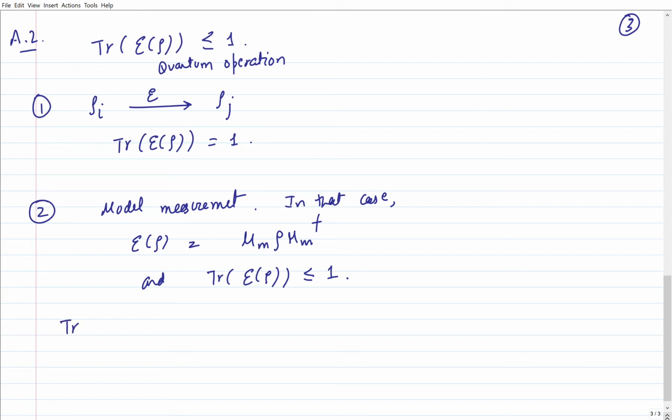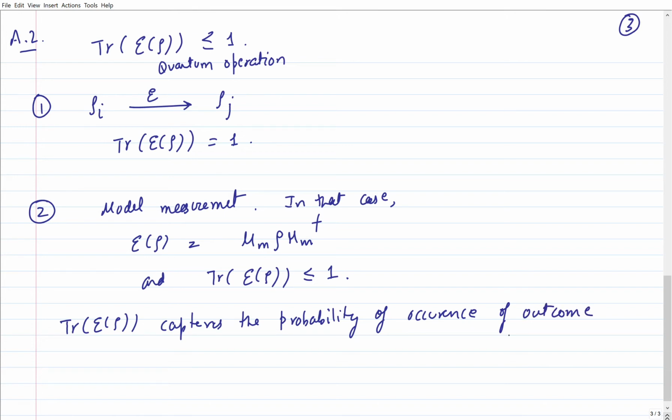So trace of E of rho captures the probability of occurrence of outcome indexed by m.